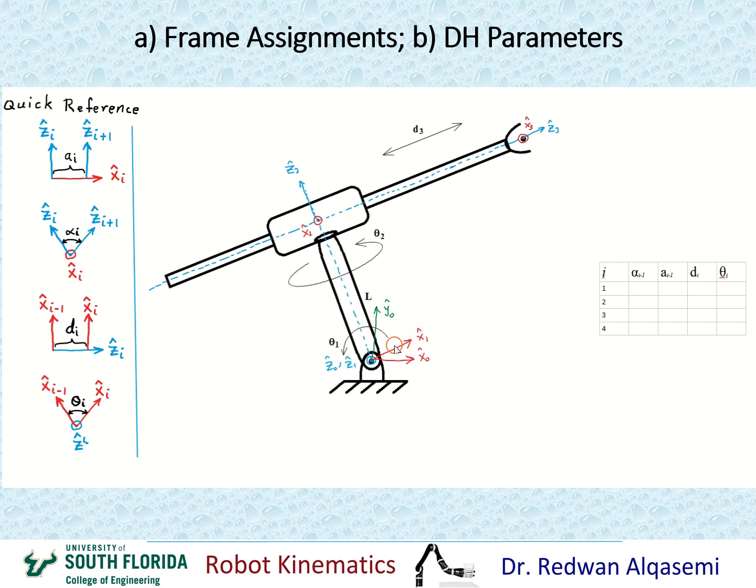And then for y1, again, it's right-hand rule. z1 is out of the board, and this is x1. So according to the right-hand rule, it will have to be along this line. So I'm going to call this y1.